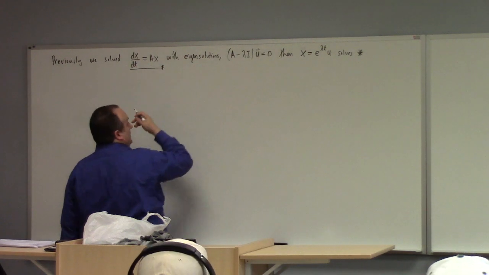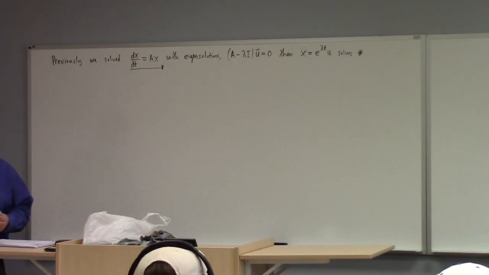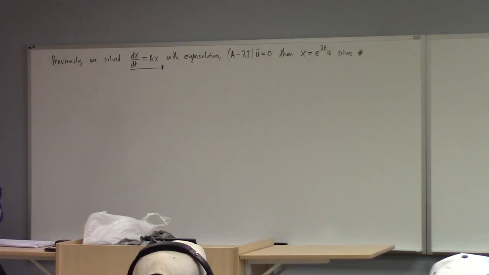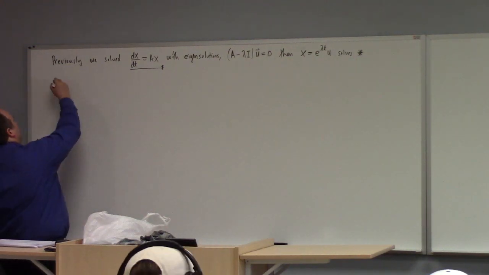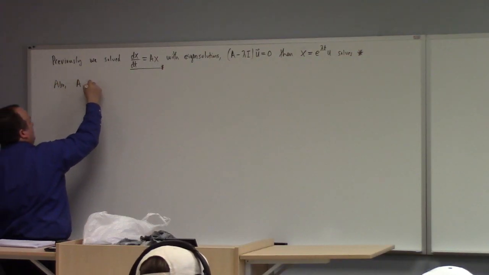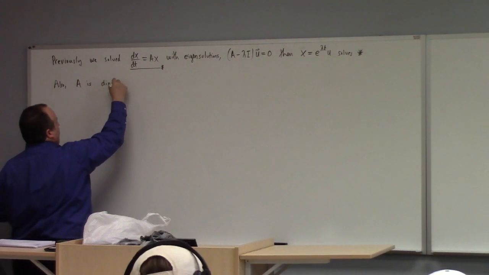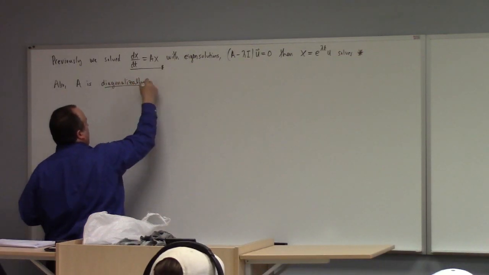However, we notice that this doesn't always give us enough solutions, right? Because a matrix A doesn't have to be diagonalizable, right? What did we say about diagonalizable? A is diagonalizable if and only if what?